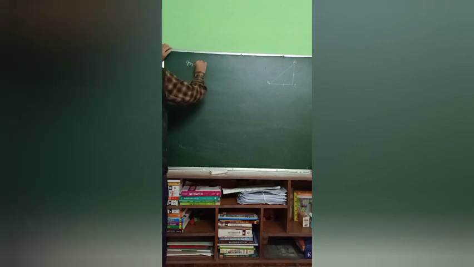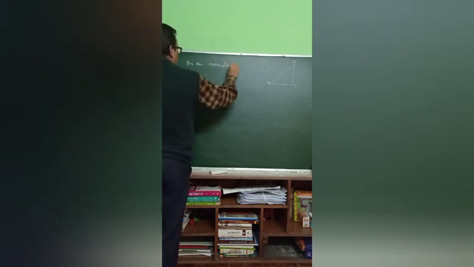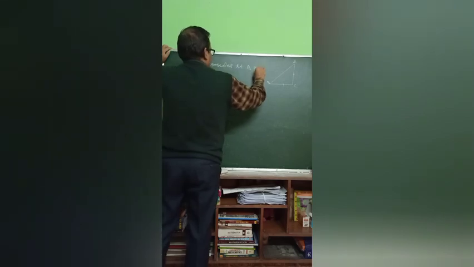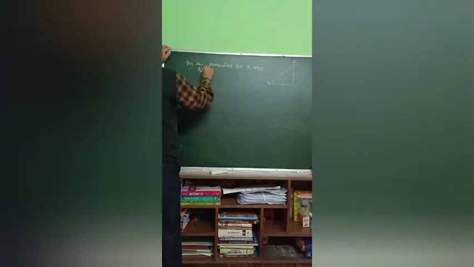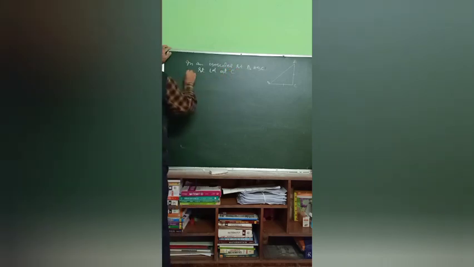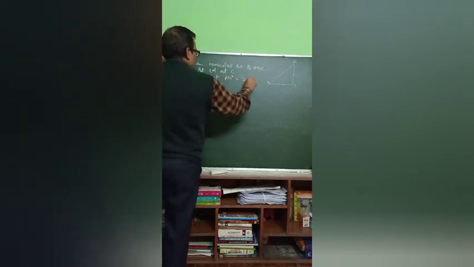In an isosceles right triangle ABC, right angle at C, show that AB square is equal to twice of BC square.